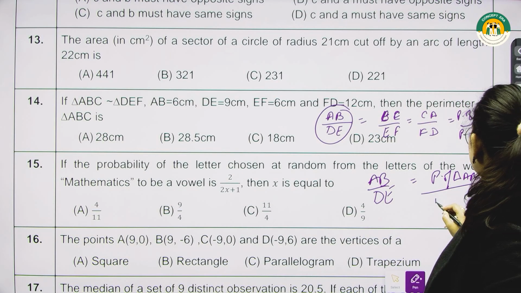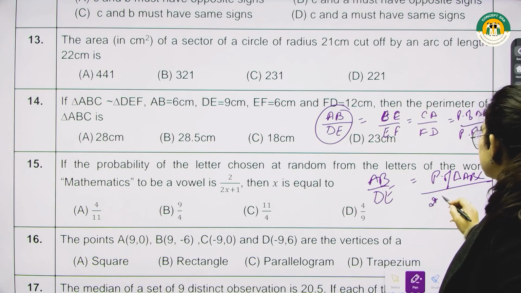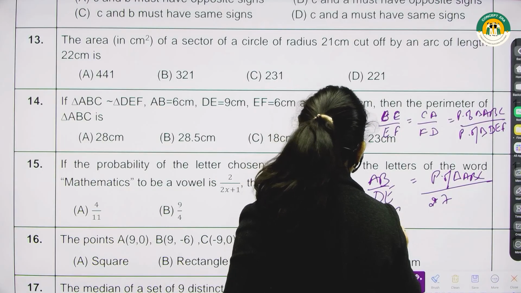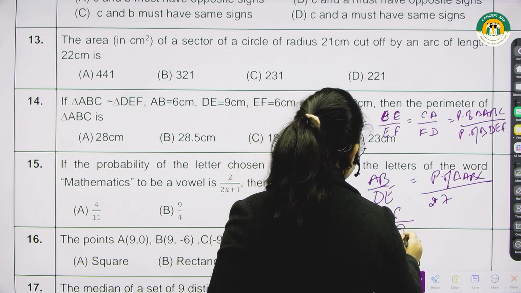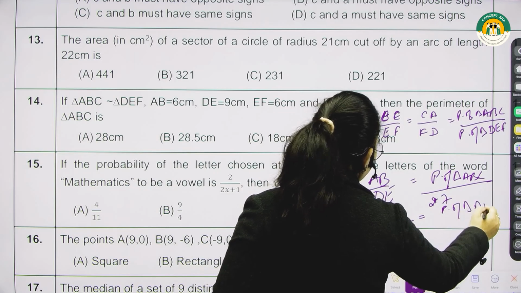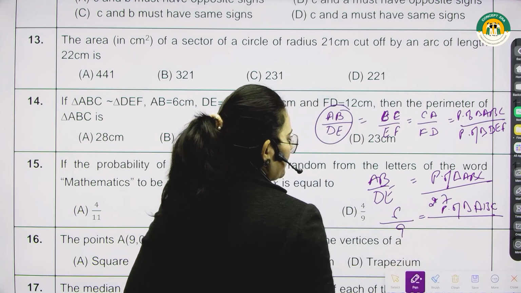So perimeter of triangle DEF is 27. We have already found. So AB is 6 centimeter and DE is 9 centimeter. So 6 upon 9 is equals to perimeter of triangle ABC upon 27.